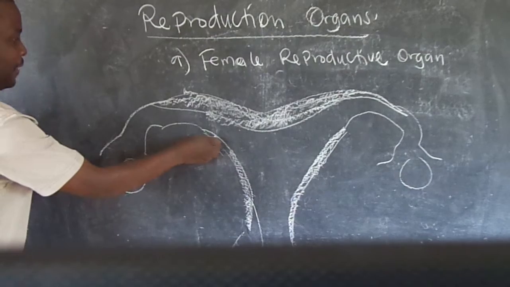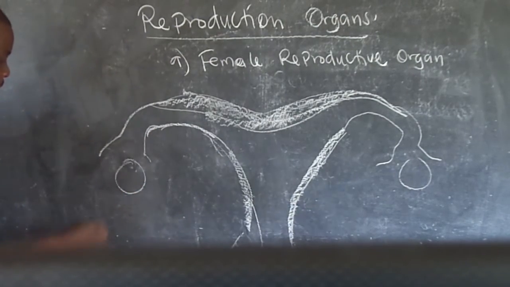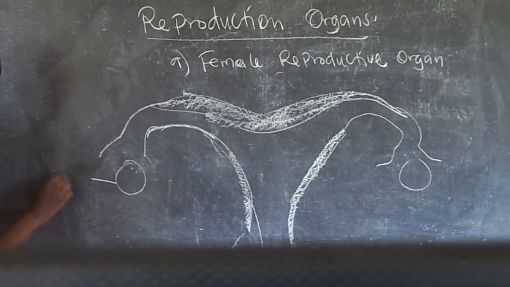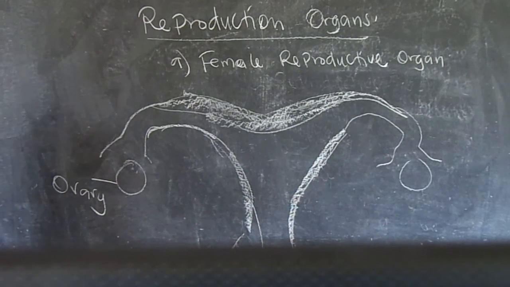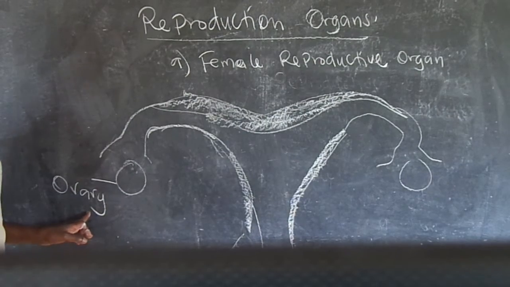Now, when I'm talking about this female reproductive organ, if I label this one we'll call it an ovary. This one is called an ovary.